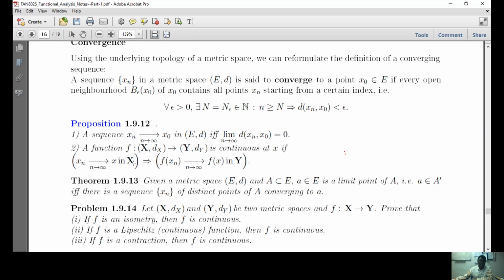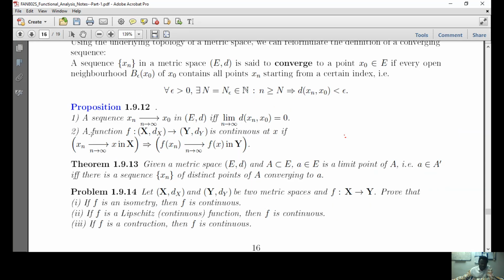So, proposition: a sequence xn converges to x0 in the metric space (X, d) if and only if the limit of the distance from xn to x0, when n goes to infinity, is 0.